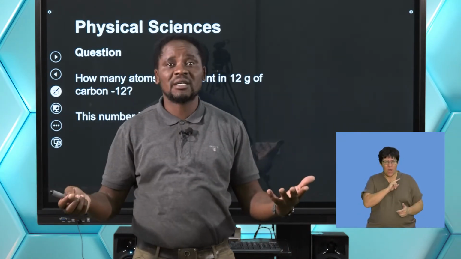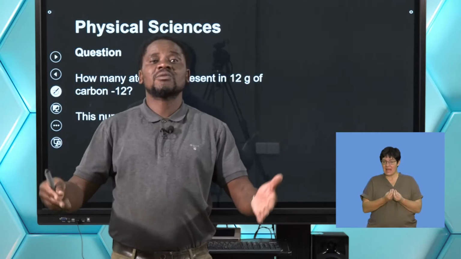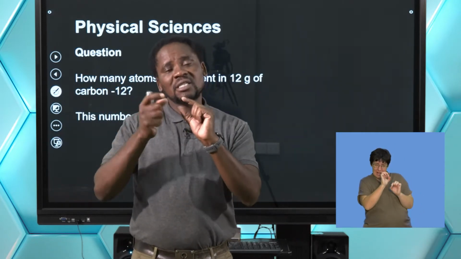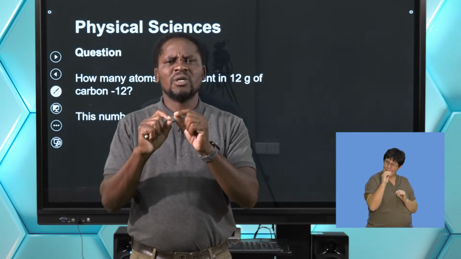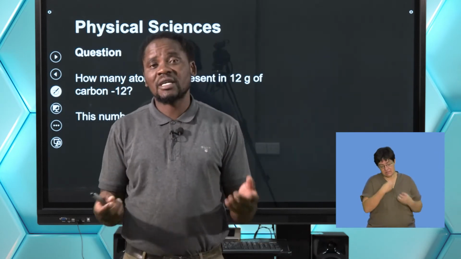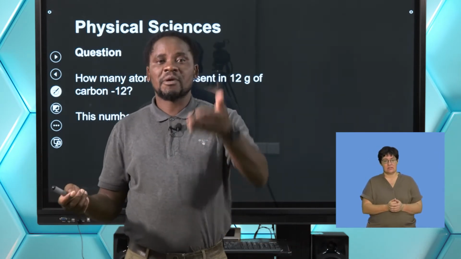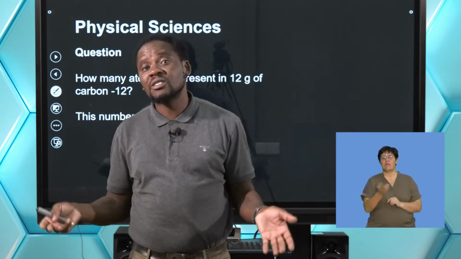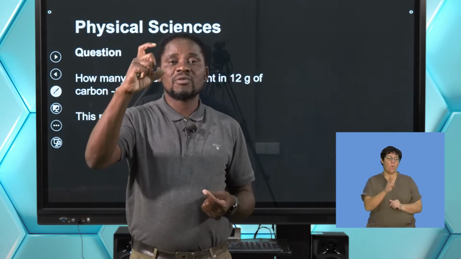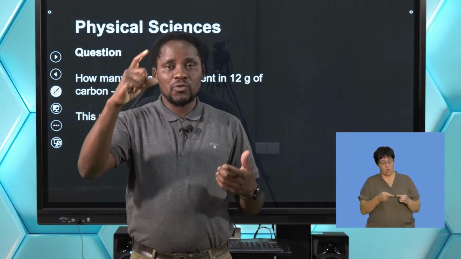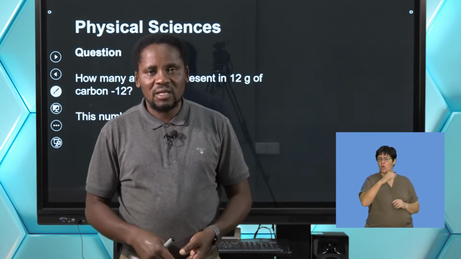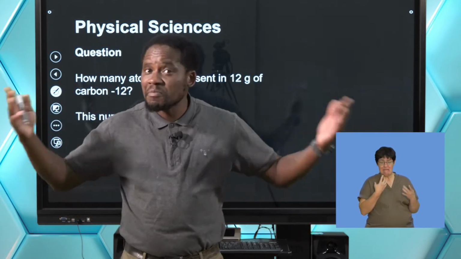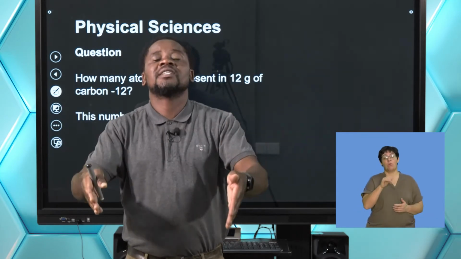Why are we saying it's a big number? Because matter consists of minute particles that are too small for us to see with the naked eye. Remember the big question that we asked: in a full glass of water, how many molecules are there? We want to immediately think of a very big number. So a mole represents a number.